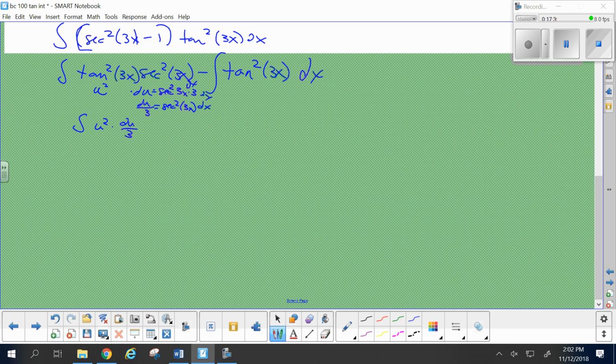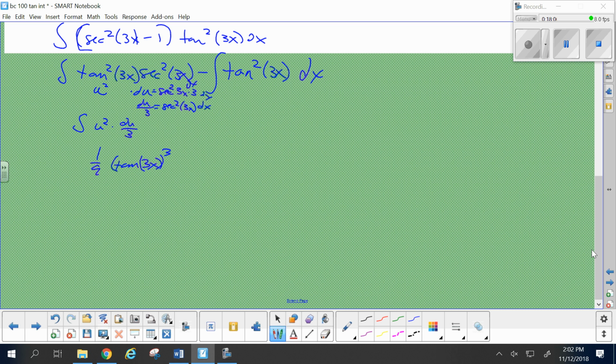So all said, then, what kind of constant do you have in front of your first term? 1/9. Yeah, 1/9 of u cubed. So 1/9 of tangent squared 3x. That should look familiar.